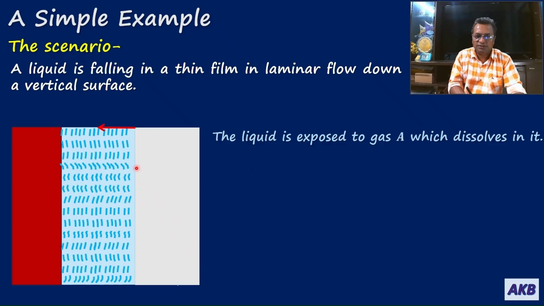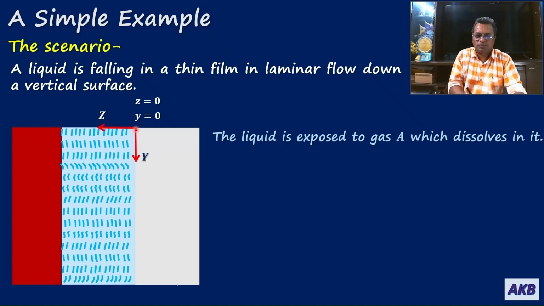For our discussion, we are going to consider this as the Z direction and this as the Y direction. From this schematic diagram, it is clear that the liquid film is falling in the Y direction, whereas gas E is getting absorbed into the liquid in the Z direction.